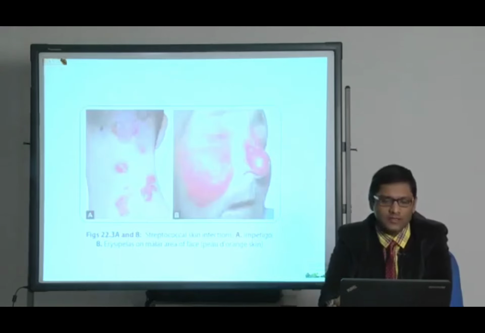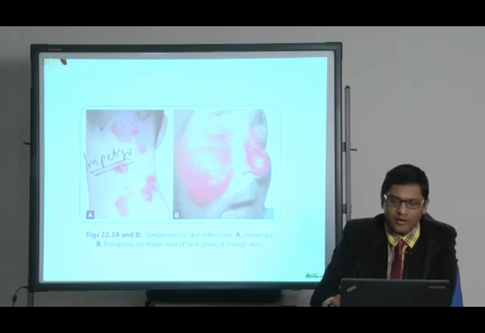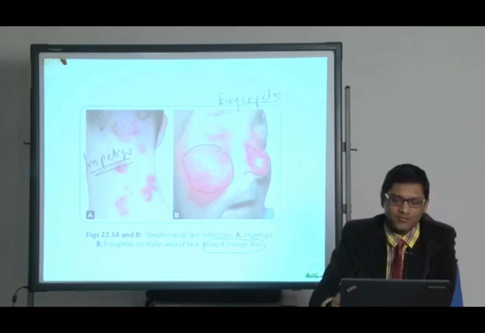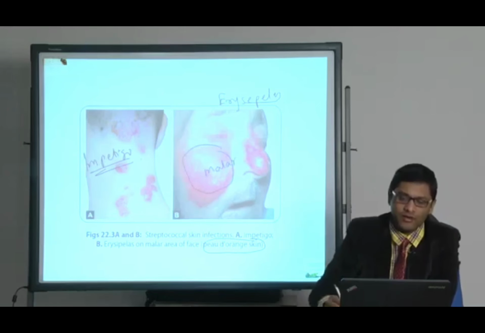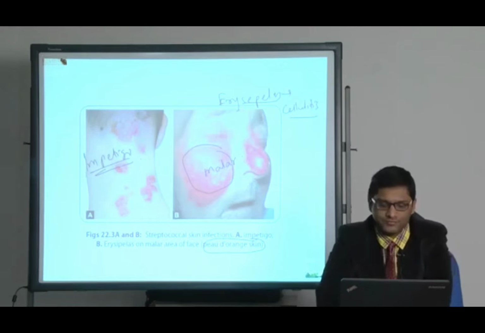Coming to the figures of Streptococcus. Streptococcus can produce various clinical manifestations like impetigo and erysipelas. Erysipelas will have a peau d'orange skin, mainly on the malar area. Erysipelas is a variant of cellulitis.